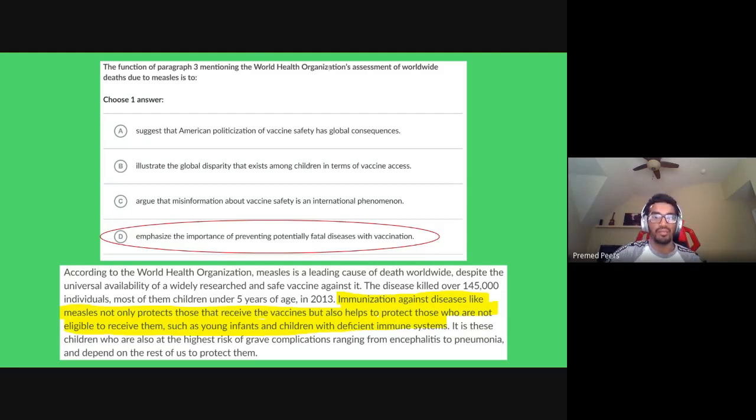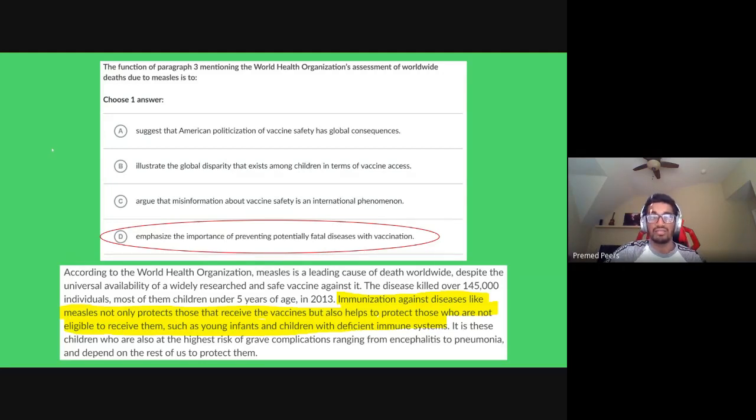When you look at paragraph 3, we see that it talks about how immunization protects people that have the vaccine and people that don't have the vaccine. And overall, it talks about how vaccination can prevent disease and death in the population.